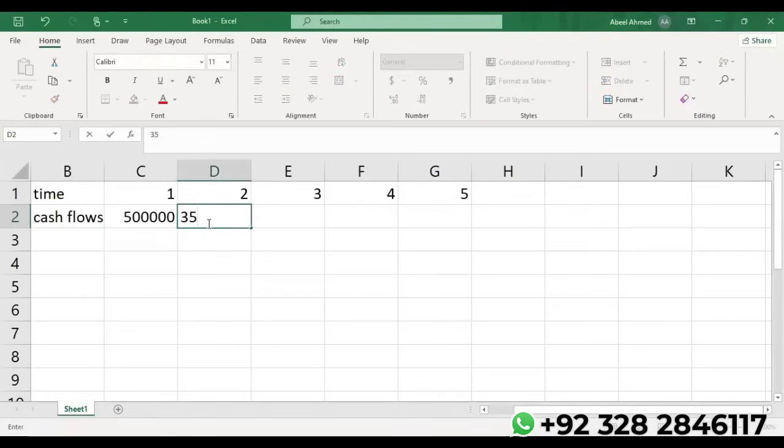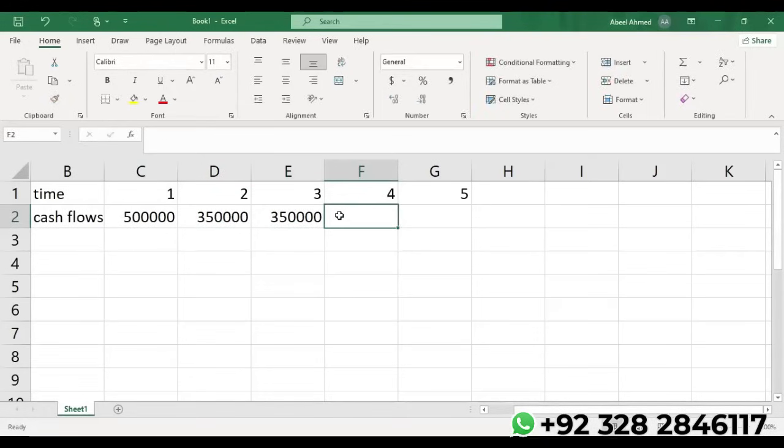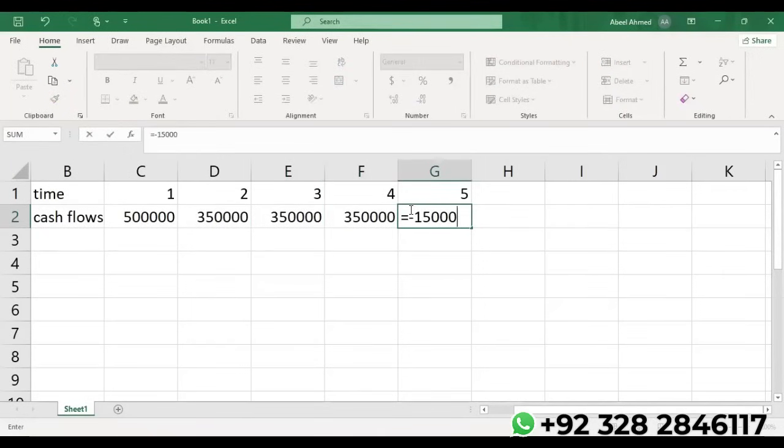Then we have got 350, again 350, 350, and then we have got negative 150.